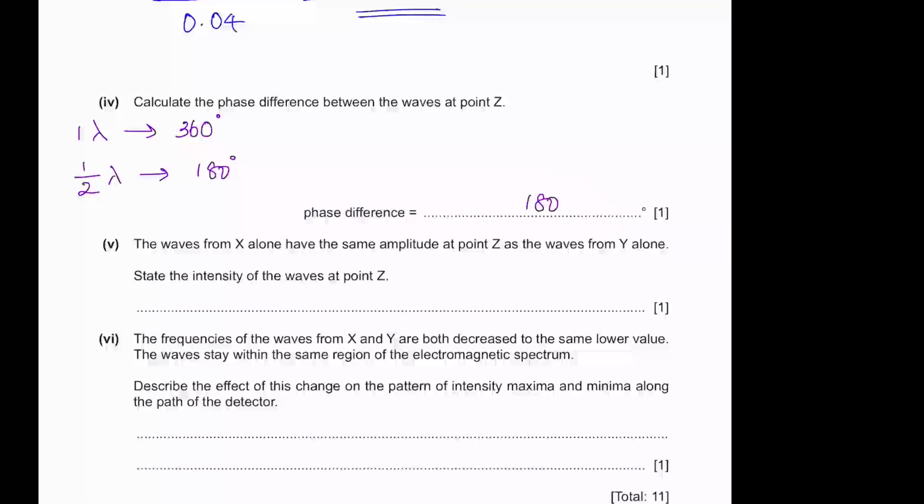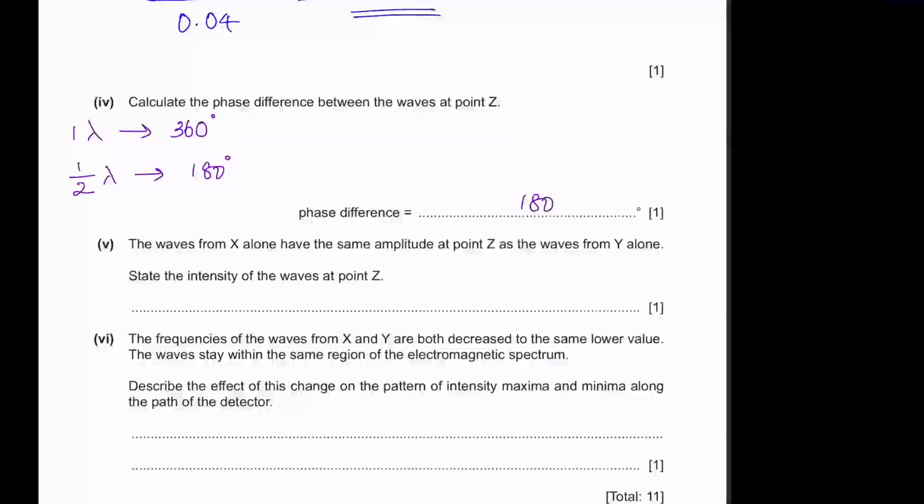Both have the same amplitude, but they will cancel each other because they are in anti-phase. Phase difference is 180 degrees. So the resultant displacement at point Z is going to be 0. So the resultant amplitude at point Z is 0. Intensity is proportional to the square of the amplitude. So if the amplitude is 0, intensity will be 0.